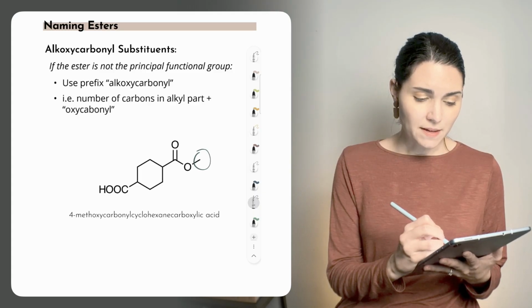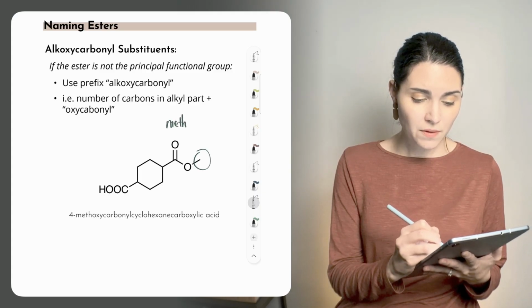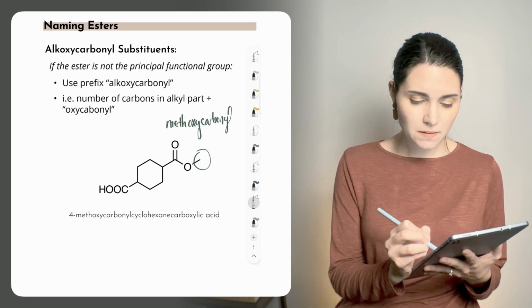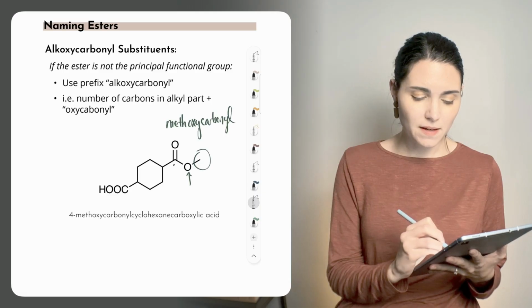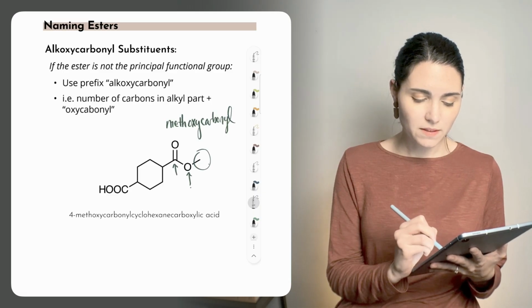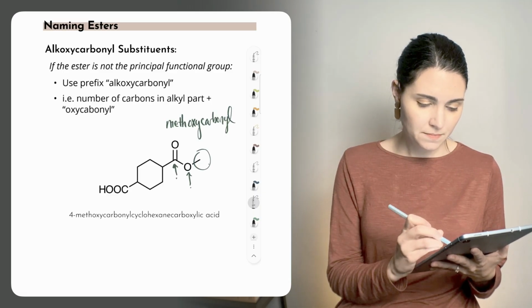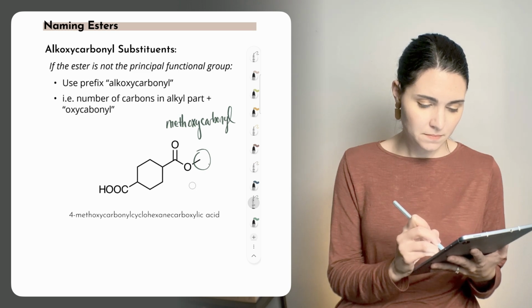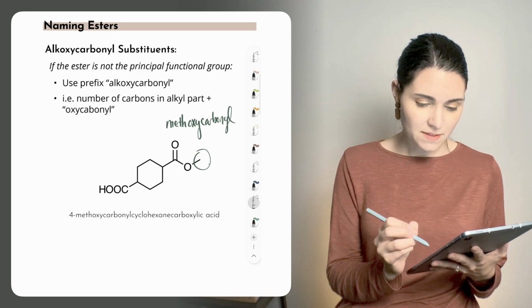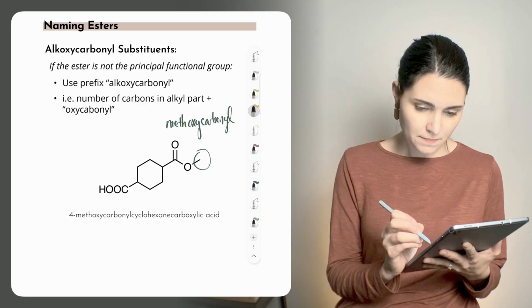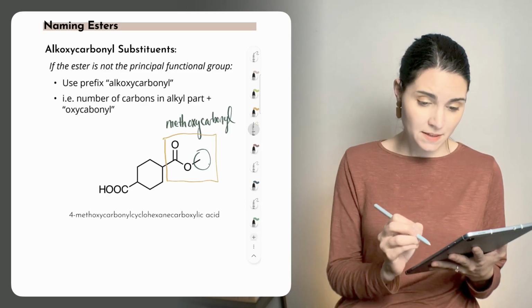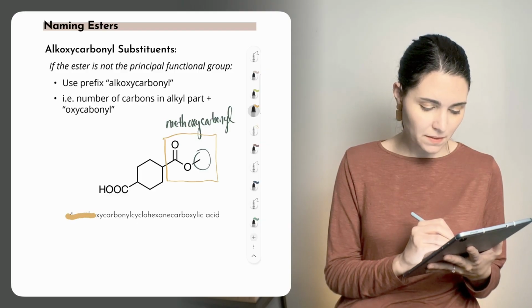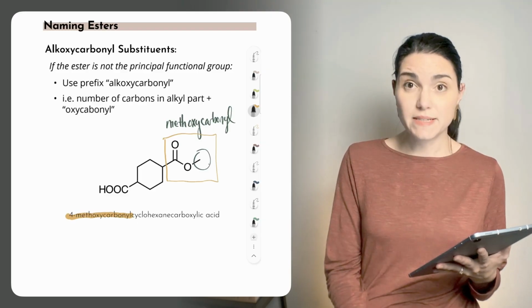So this would be named as a methoxycarbonyl, because you've got a methyl group, an oxygen here, and then a carbonyl. So methoxycarbonyl. And so as you can see, this whole group is named as a substituent for methoxycarbonyl cyclohexane carboxylic acid.